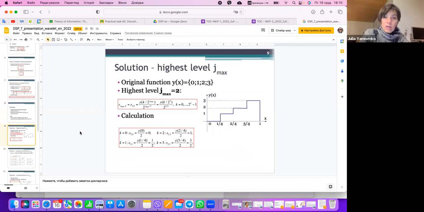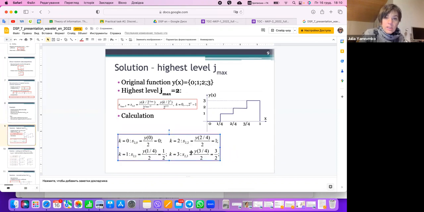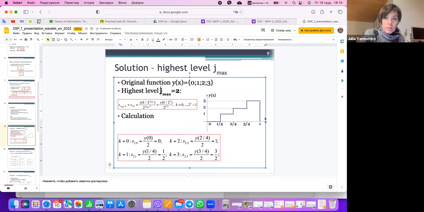Of course, we are starting from the maximum level of decomposition. In our example, it is equal to 2. So J maximum level is equal to 2, and we are starting from this level.